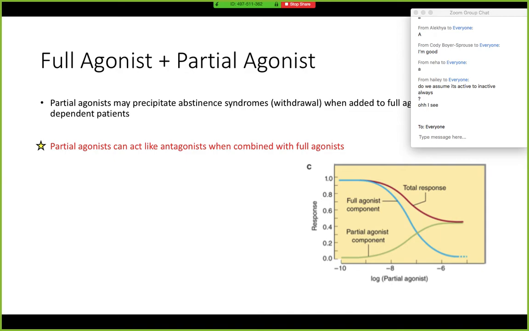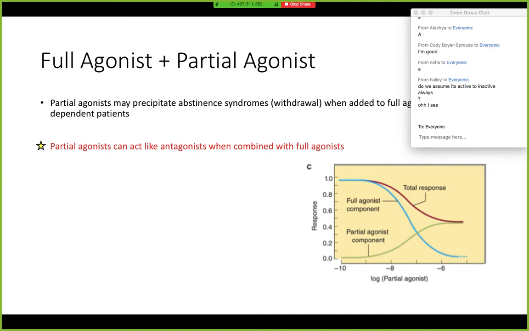If you need an example, the one that came to mind was, have you guys heard of Subutex? I feel like that's kind of a common thing. Somebody being treated with Subutex, which is buprenorphine, for opioid addiction, so Subutex is a partial agonist.